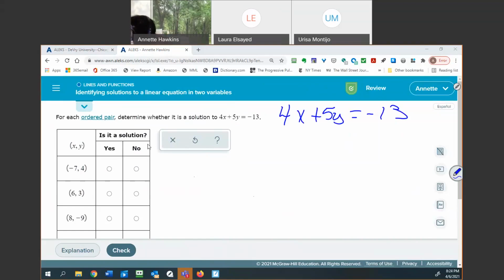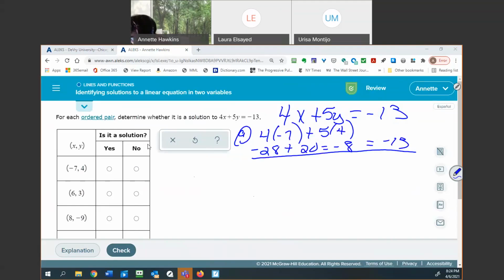X is -7 and y is 4. 4 times -7 is -28. 5 times 4 is 20. -28 plus 20 is -8. It's supposed to be -13. So no.